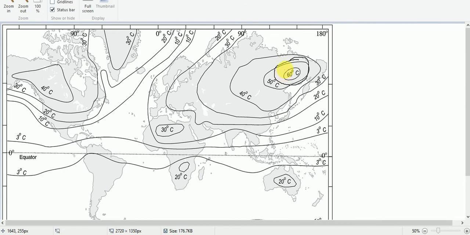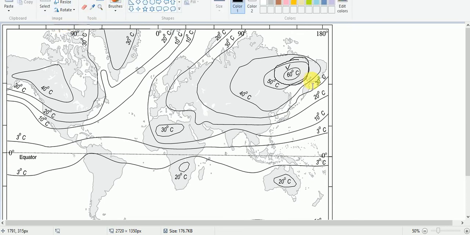Here you will see that we have this range of 60 degrees. That is, the difference between the summer temperature and winter temperature is 60 degrees. So the difference between temperature conditions in January and July is 60 degrees over northeastern Eurasia.